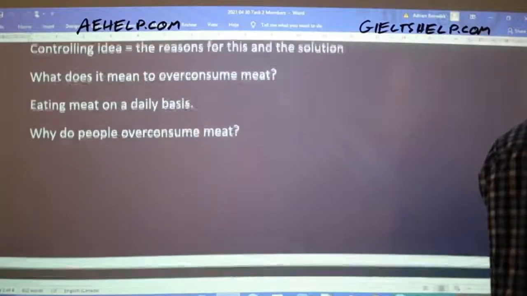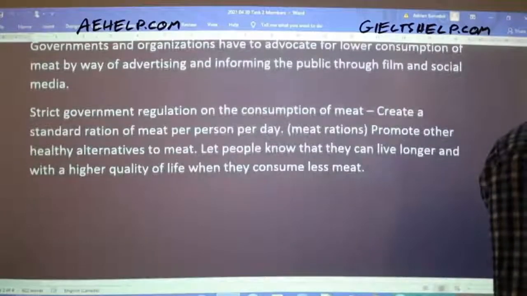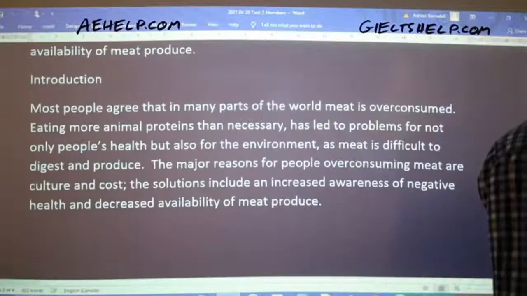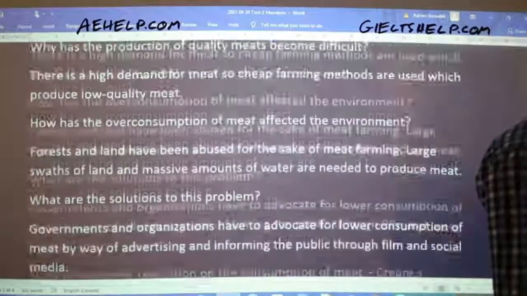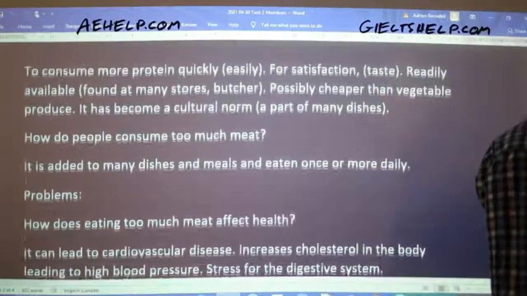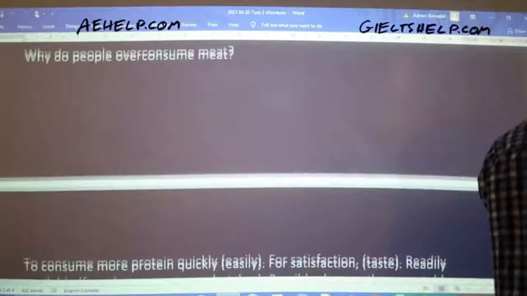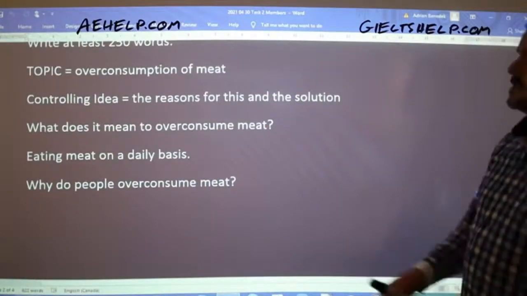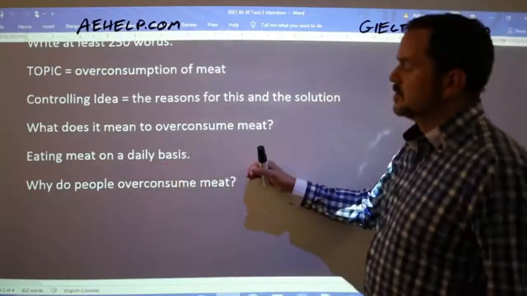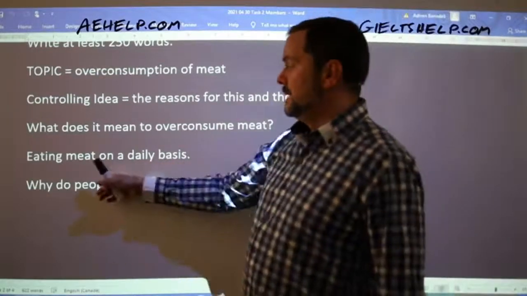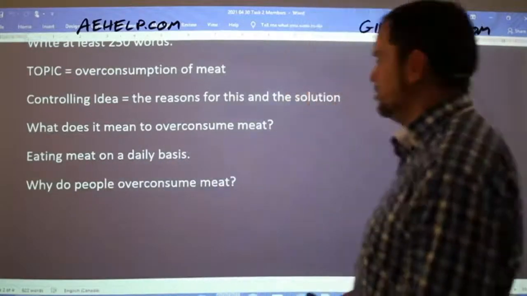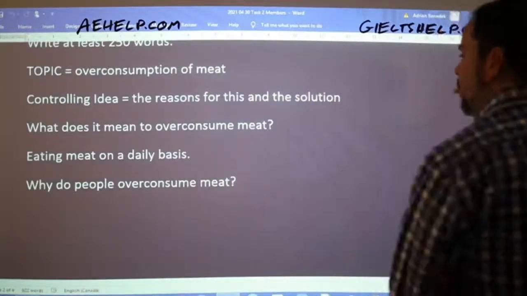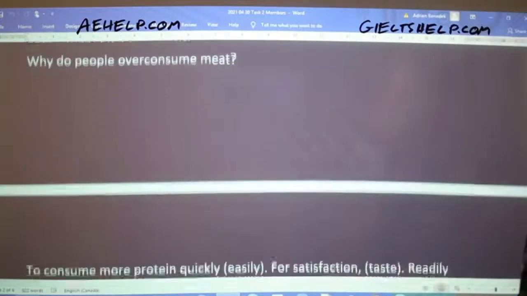And we discussed the topic, the controlling ideas. We got lots of good ideas about it. Maybe I'll go through just the questions to give you a refresher. We started with this: what does it mean to overconsume meat? It means eating meat every single day. Okay, let's not forget about that. Why do people overconsume meat?